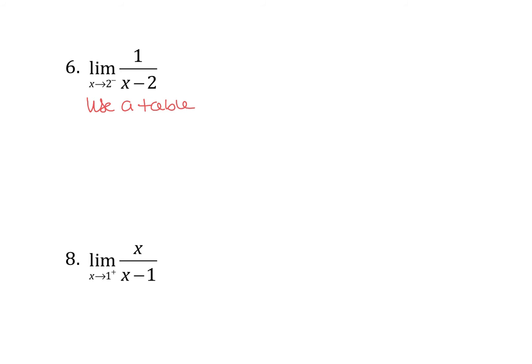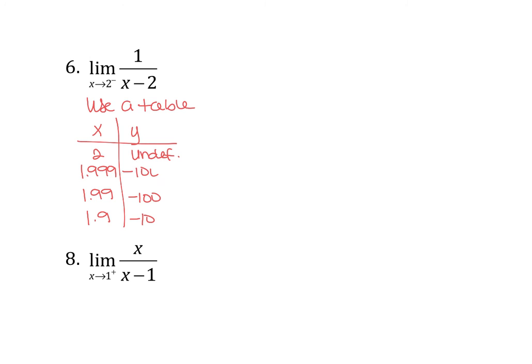So I only want a left-hand limit, so we know that if I plug in 2, it's going to be undefined. So I'm going to plug in, let's do 1.9, 1.99, and 1.999. So this would give me negative 10, negative 100, and negative 1000.